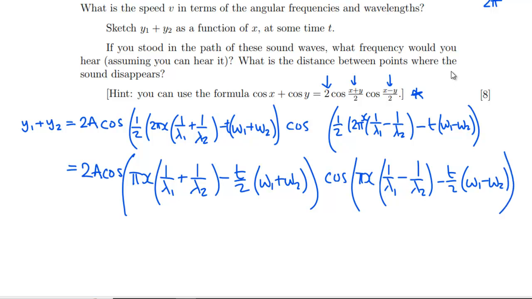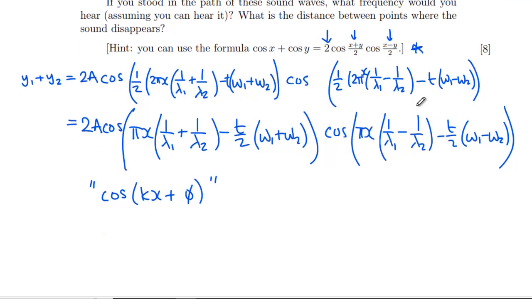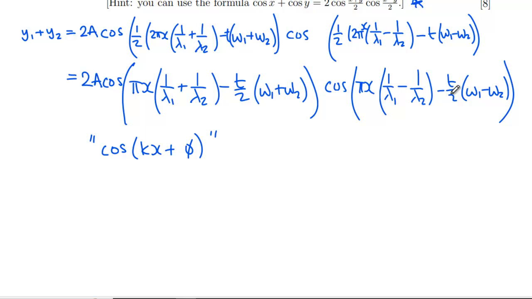So they've said here they want us to sketch this as a function of x at some time t. So we're fixing t. And we have actually got things in the format of cos of kx plus phi, and then we're multiplying those together. So let's just scroll down a bit more. This is our phase shift, phi.